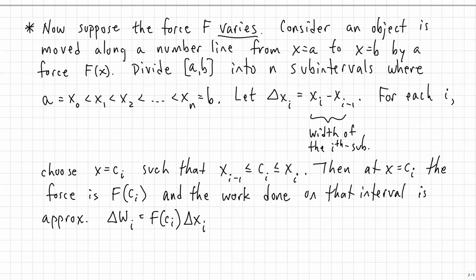So let's say you wanted to go from a to b and see what the total work done is. Well, you can just find the work for each subinterval and add them up, and that'll be a good approximation.